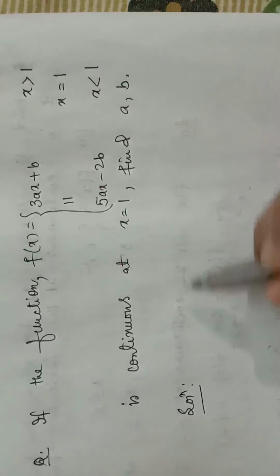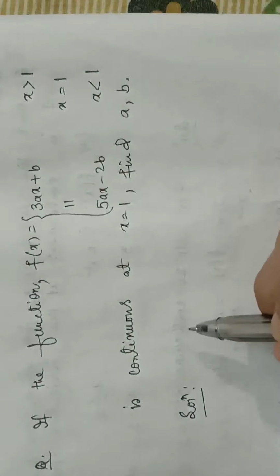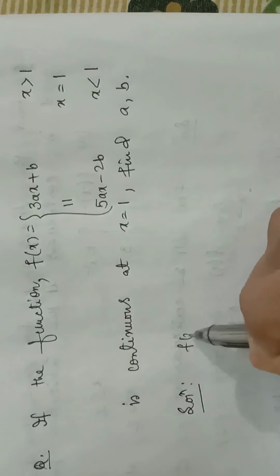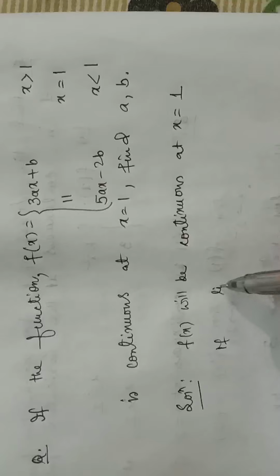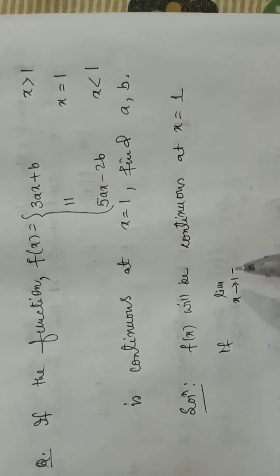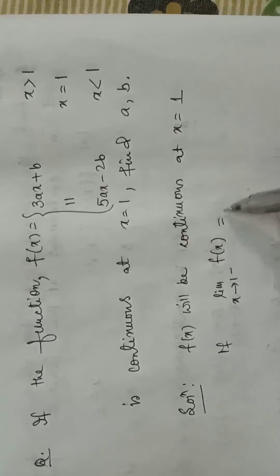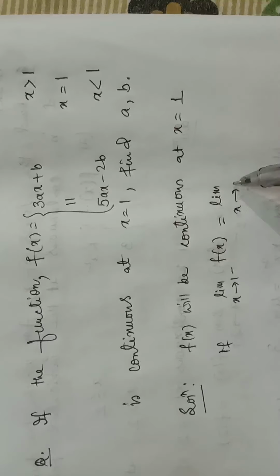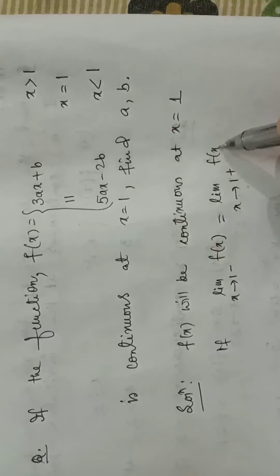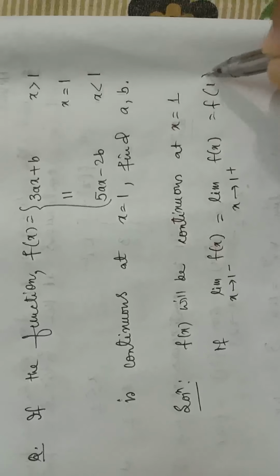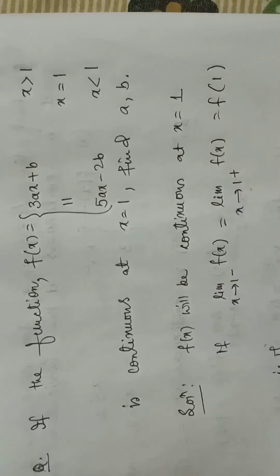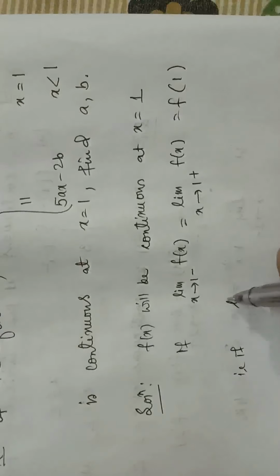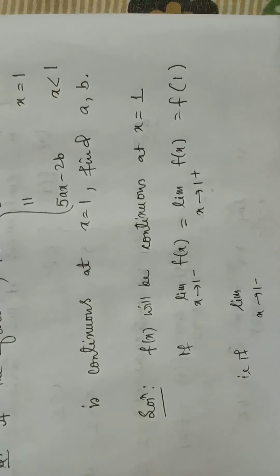So using the definition of continuity at x equal to 1, f(x) will be continuous at x equal to 1 if limit x tends to 1 minus of f(x), the left hand limit at x equal to 1, equal to the right hand limit at x equal to 1, equal to f of 1. x tends to 1 minus means x is less than 1.